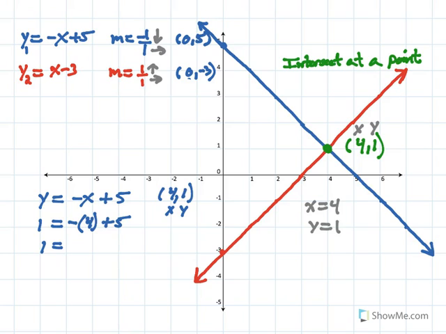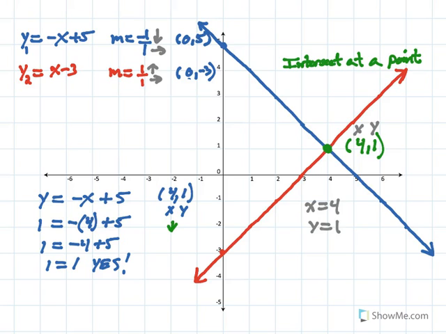Okay, so now it becomes minus 4 plus 5, and then negative 4 plus 5 is 1. Does 1 equal 1? Yes. Therefore this is a solution.